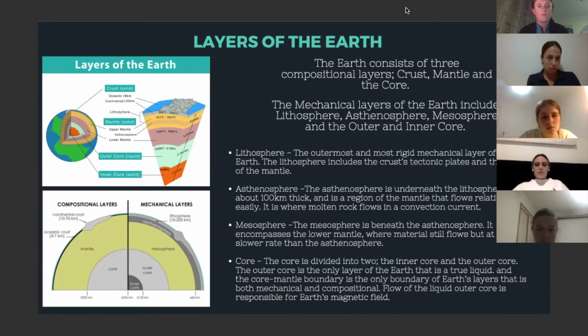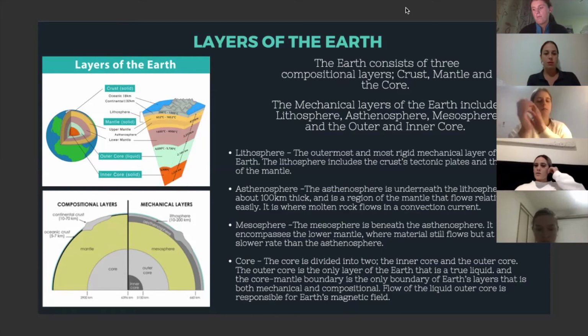For your mechanical layers, you have the lithosphere, the asthenosphere, the mesosphere, and then your outer and inner core. The lithosphere is the outermost and most rigid mechanical layer of the Earth, and it includes the Earth's crust, tectonic plates, and the top of the mantle.